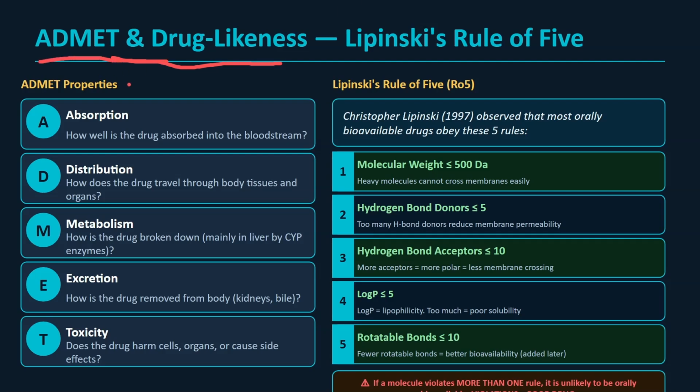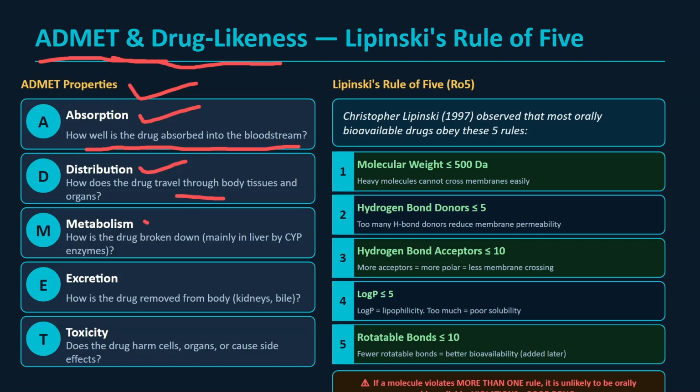So what is ADMET? The A stands for absorption. Absorption means how well the drug gets from where we take it into the bloodstream. D stands for distribution, which means once in the blood, can it reach the target organ or not.